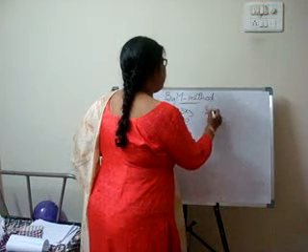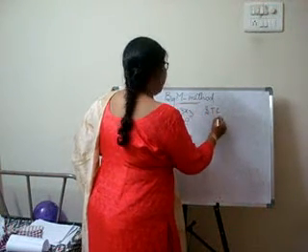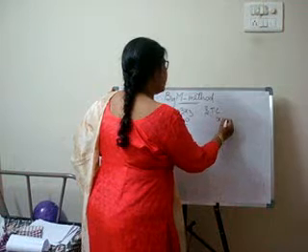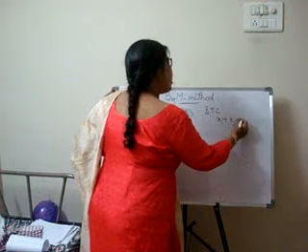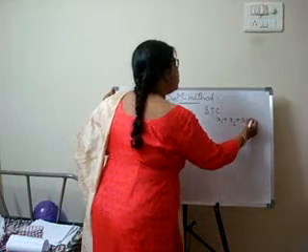Subject to constraints, first equation x1 plus x2 plus s1 is equal to 20.